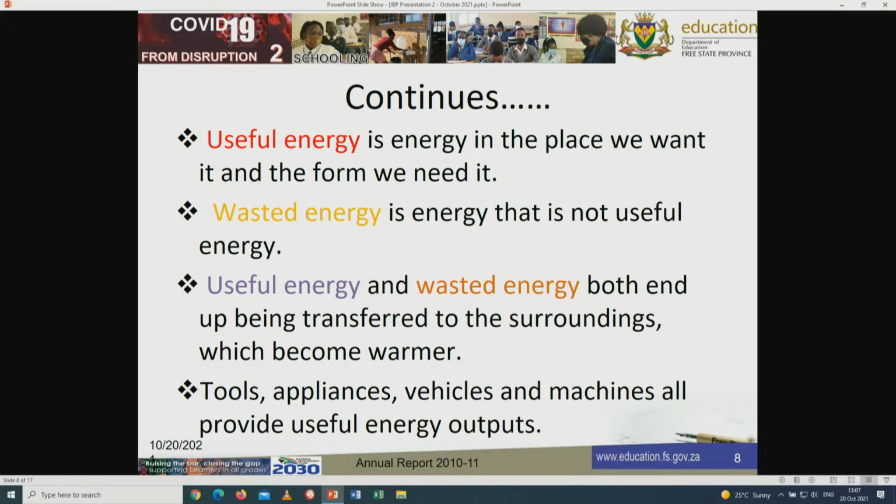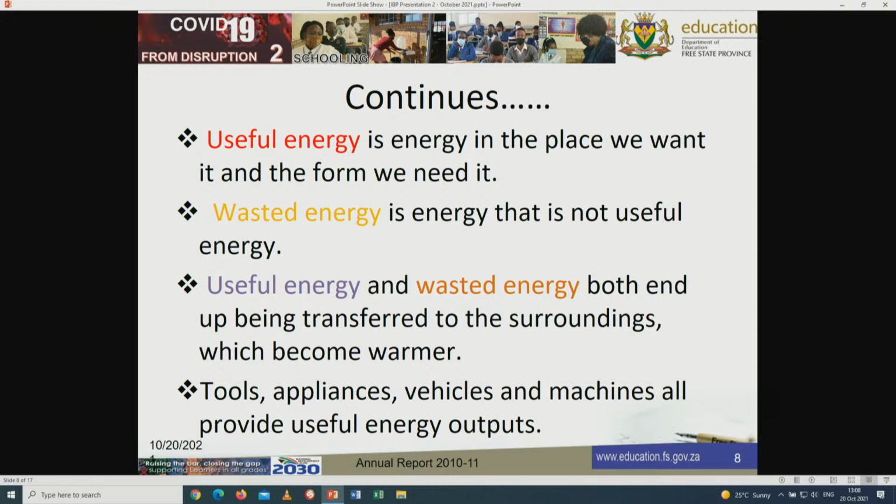Right. Tools that you are using every day, appliances, it can be electrical appliances, the vehicles, no matter how big they are, machines, all provide useful energy outputs. A car can use energy from petrol or diesel.